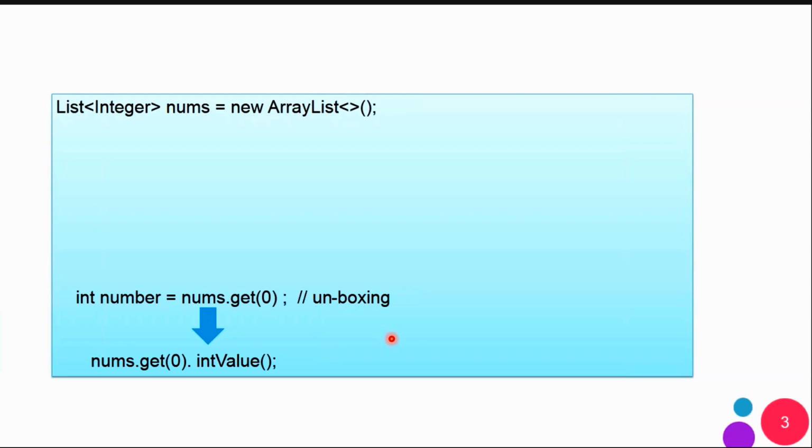I'm going in a real quick way for the explanation of autoboxing and unboxing, because my purpose for this video tutorial is to let you know about the performance-related hits related to this task, not how the autoboxing and unboxing happens. But still, let me take a few cases in real quick time.